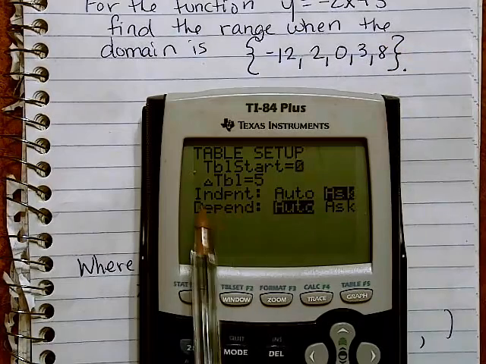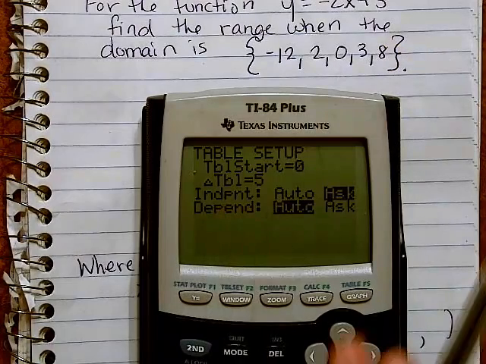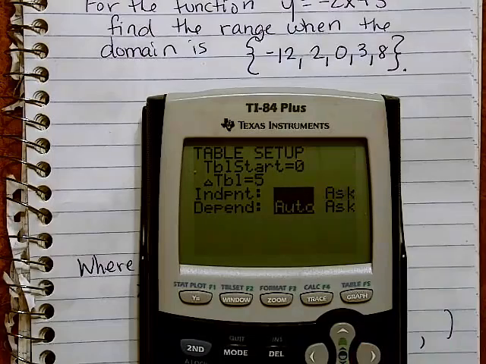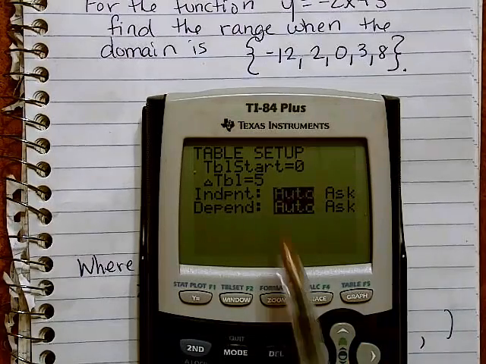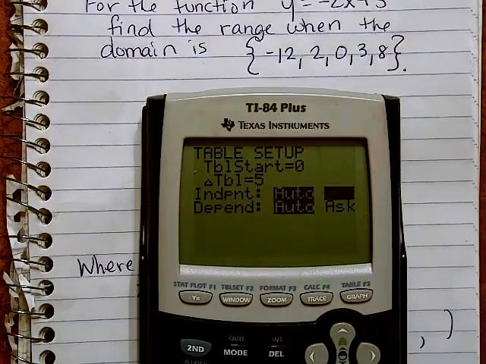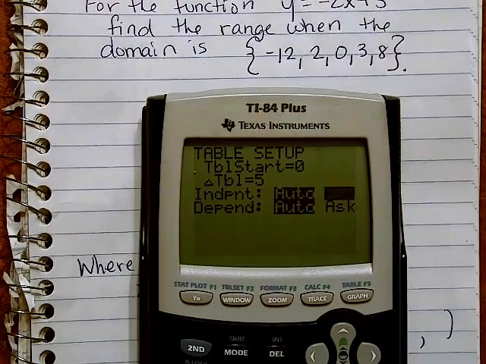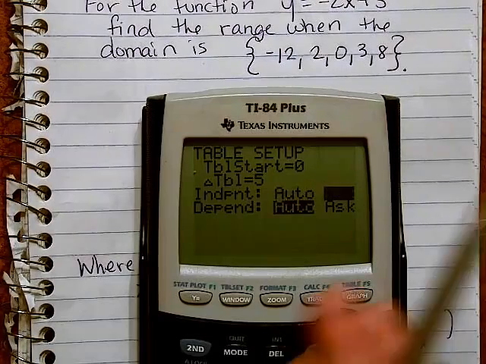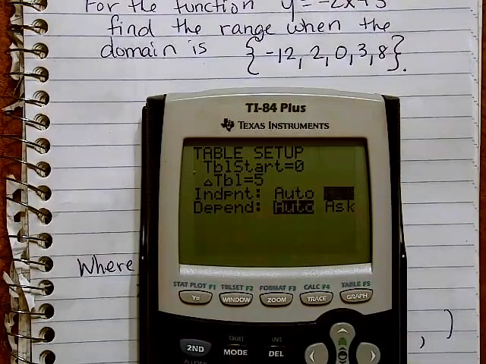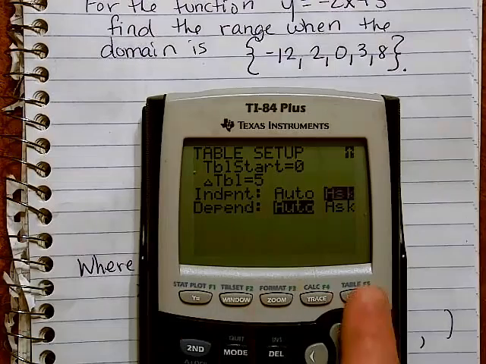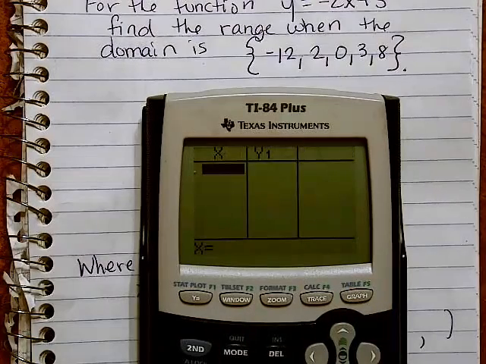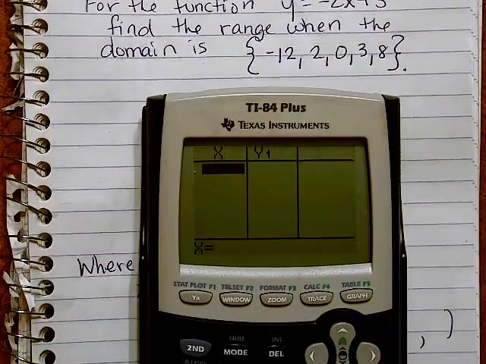That's your independent. So it may say auto on both of those. We're going to change it from auto on the independent to ask. We want the calculator to actually ask us what it is we want to use. So once you've done that, press second and graph again, and it takes you to your table. Now we're ready to enter our values.